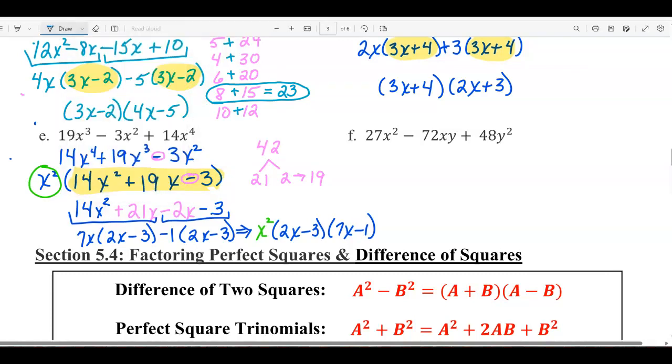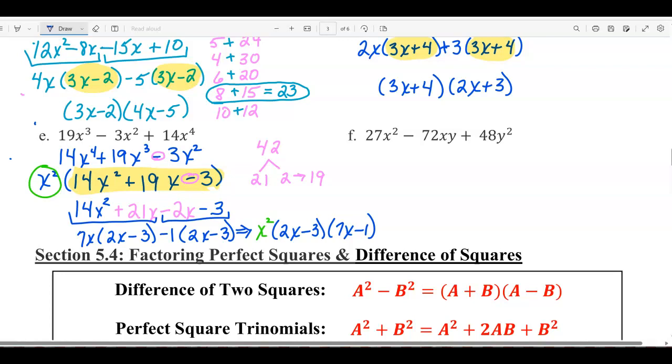Our last problem, our numbers are pretty high, so I do want to make sure that if there is a GCF, I factor it out. So we can use our calculator again. We're looking for the same number that might factor into 27, 72, and 48. So I start with 2, but it fails on 27. So then I'm going to go on to 3, and I do see that 3 factors into all 3 terms listed.